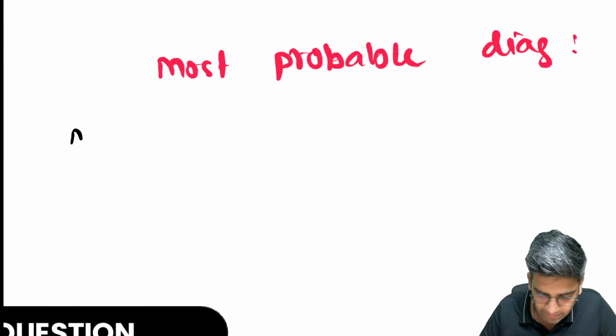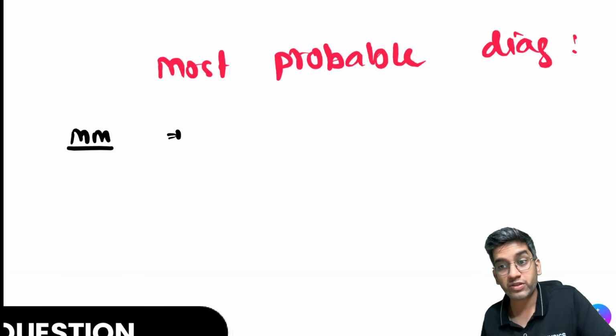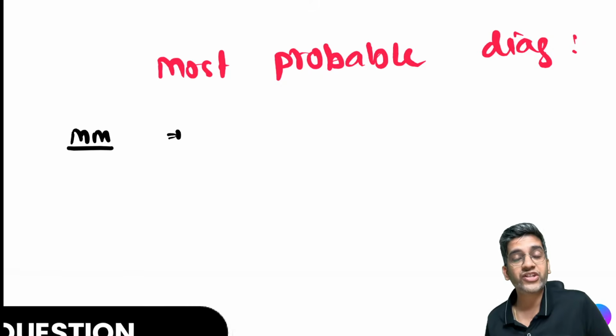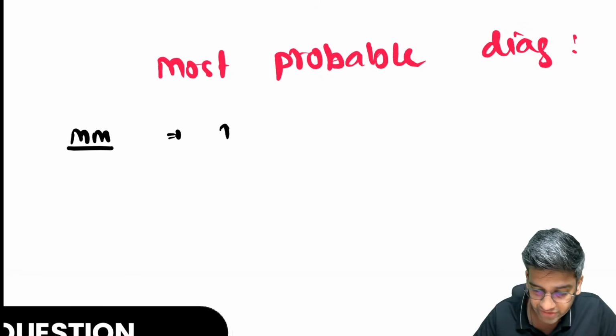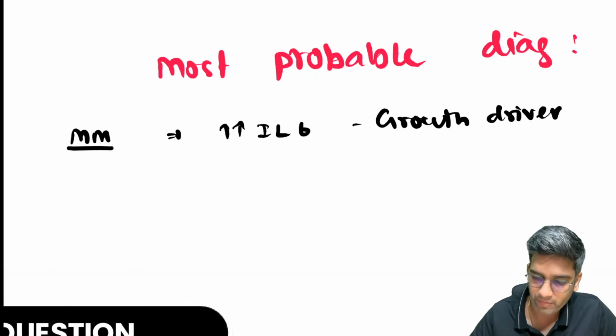In multiple myeloma, the proliferation of the tumor cells, great, Siddhi, is about interleukin 6. Interleukin 6 is one of the important reasons why the neoplastic plasma cells keep on dividing. In other words, interleukin 6 is indirectly the growth driver for the neoplasm in multiple myeloma.